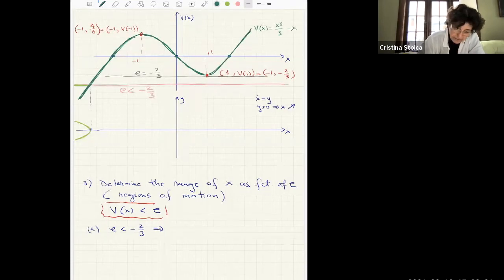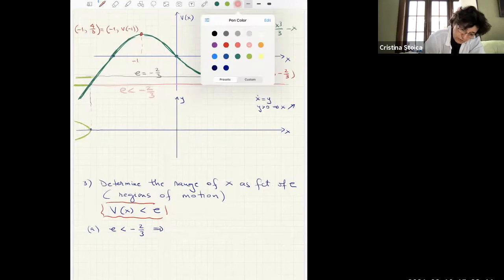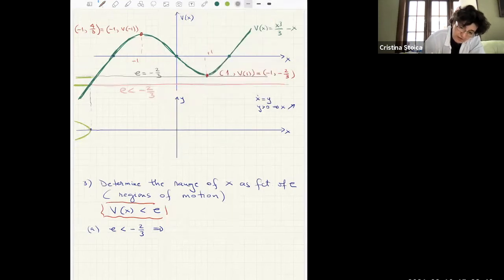So I'm with the level at E = -2/3, and I have to be with the dark green under it. Here it is, right? So I can be here and where else?